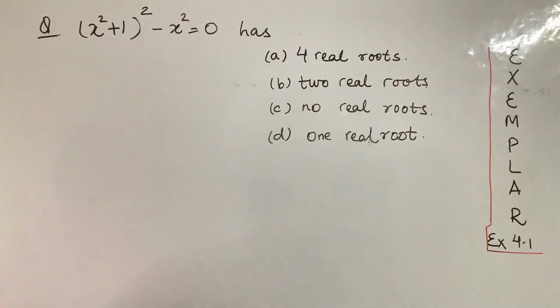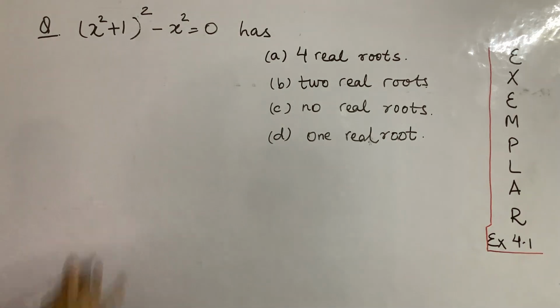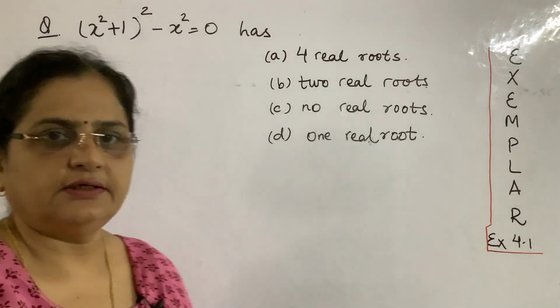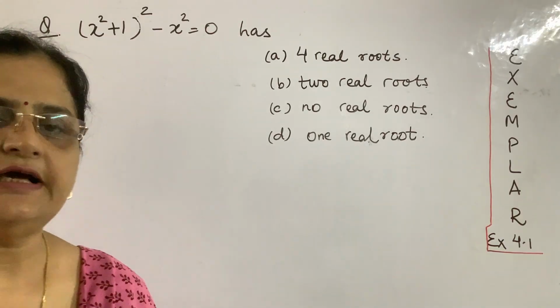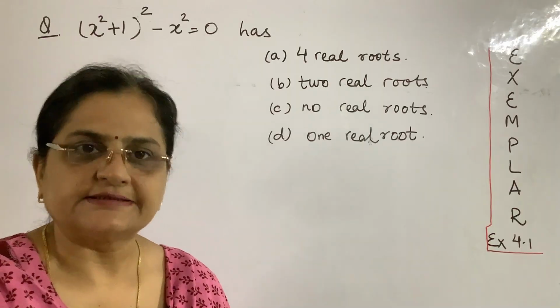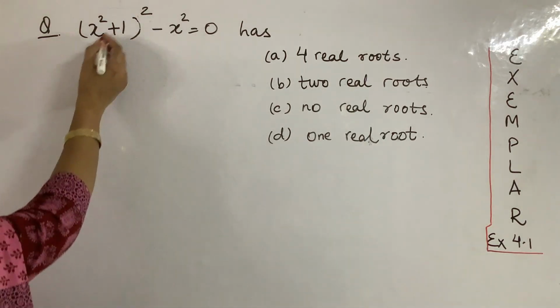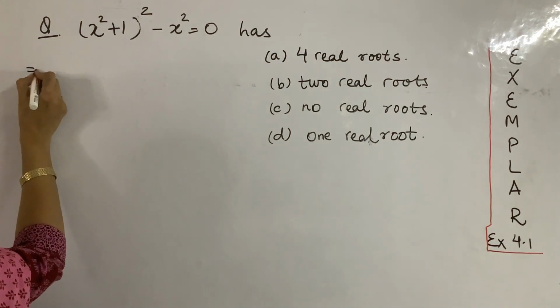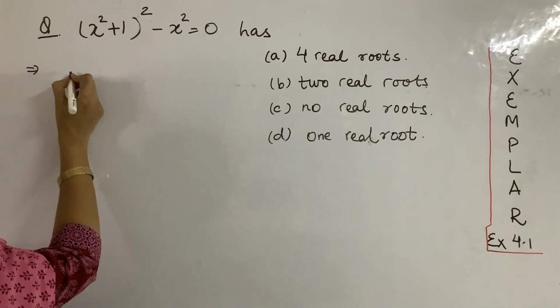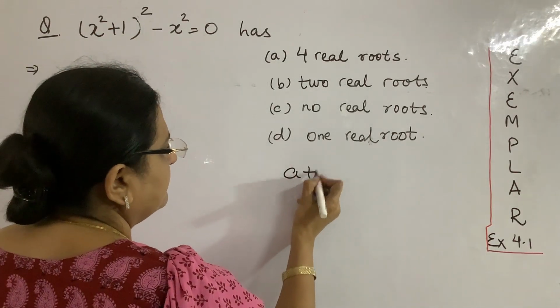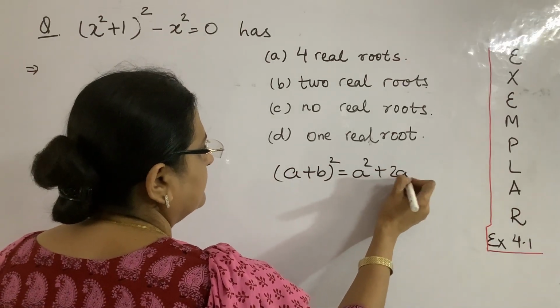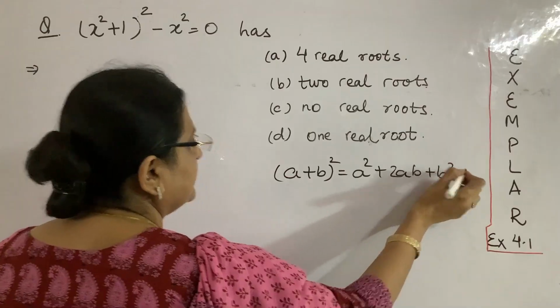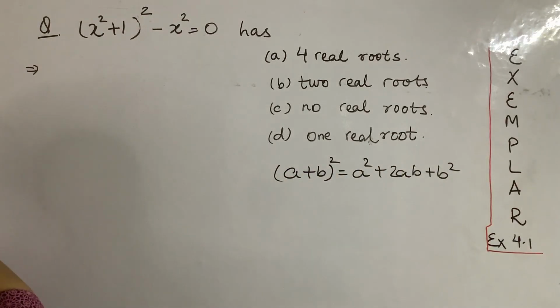The next question. This is the equation given. This has 4 real roots, 2 real roots, no real roots or 1 real root. So again, for finding out the nature of roots, we have to find out the discriminant. So first of all, let us open the bracket. So on opening the bracket, we will use the identity a plus b whole square is equal to a square plus 2ab plus b square, because this is plus square.